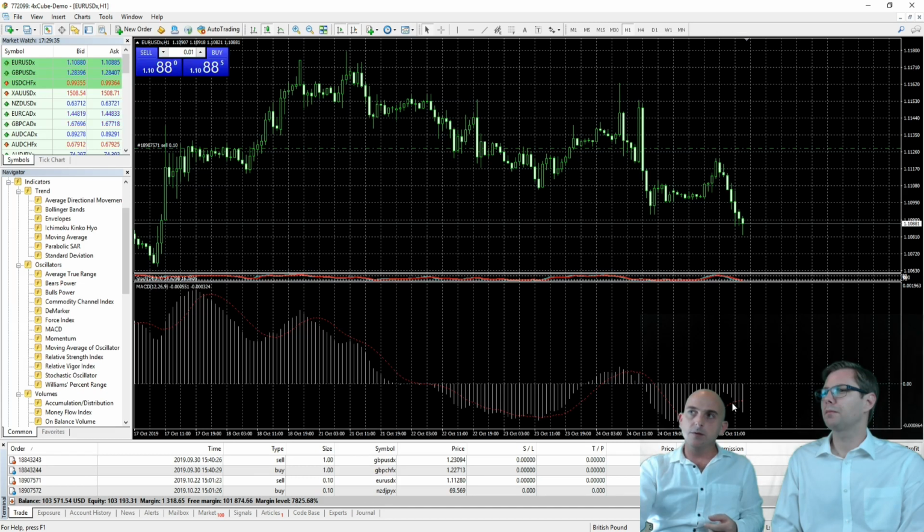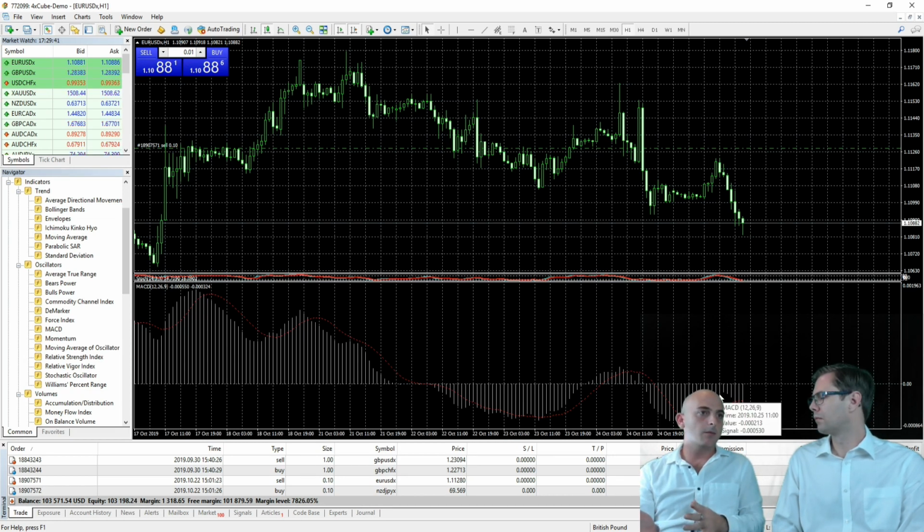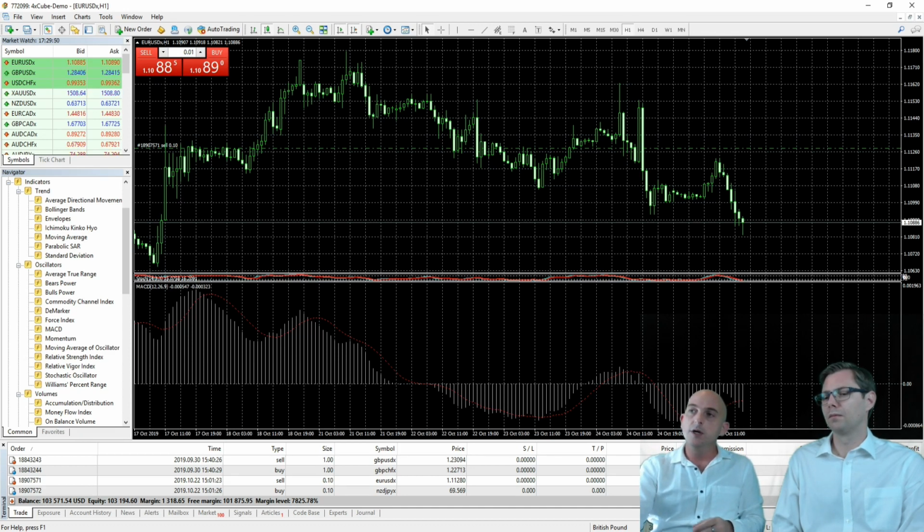Now this is a lagging indicator, so it's not giving you a very good foreseeable future. It's lagging, so it's more long term. It's to be used slightly more longer term, but it can give you an indication of where to buy and where to sell.